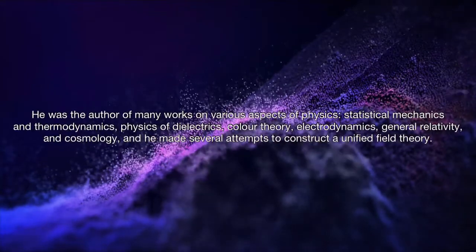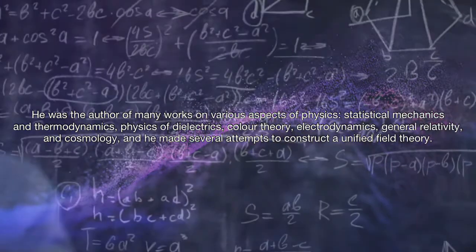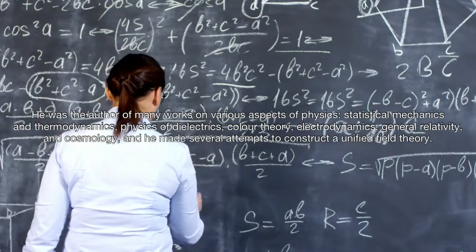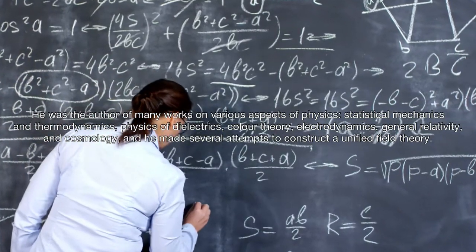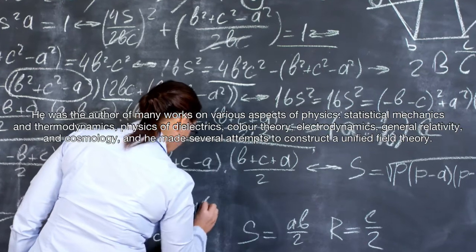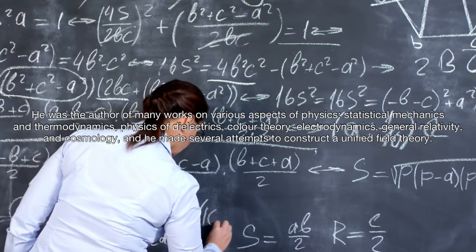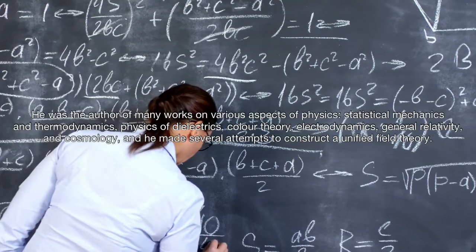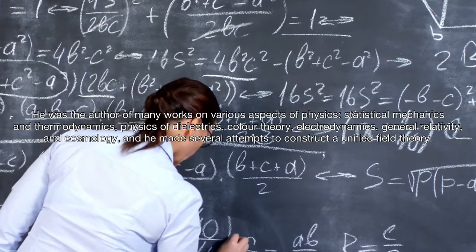He was the author of many works on various aspects of physics, statistical mechanics and thermodynamics, physics of dielectrics, color theory, electrodynamics, general relativity, and cosmology. And he made several attempts to construct a unified field theory.